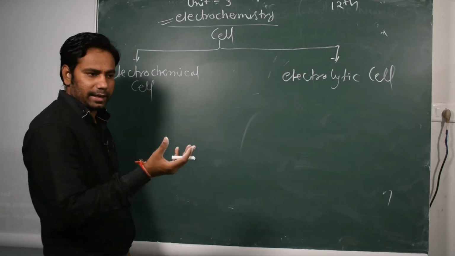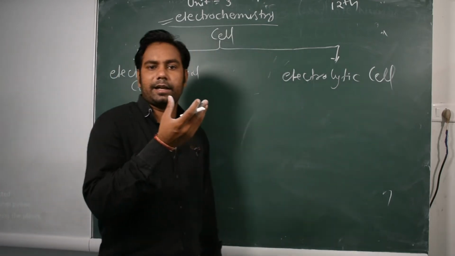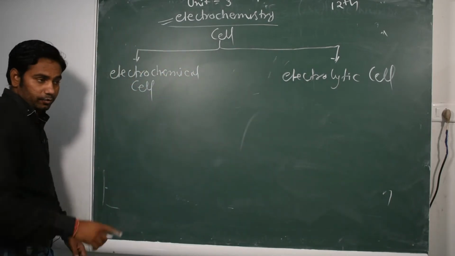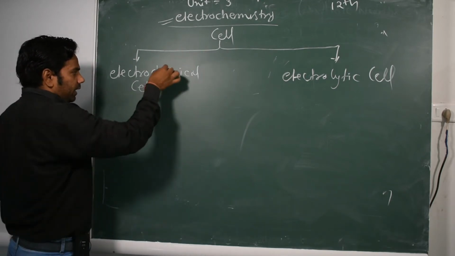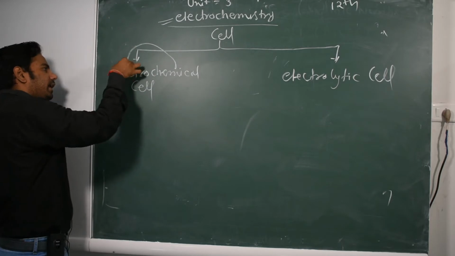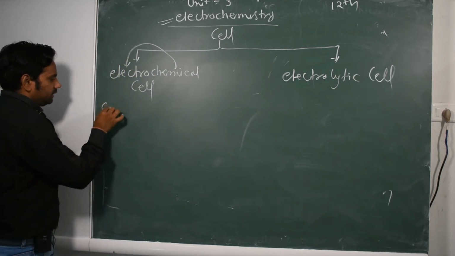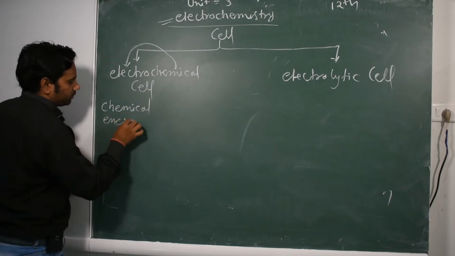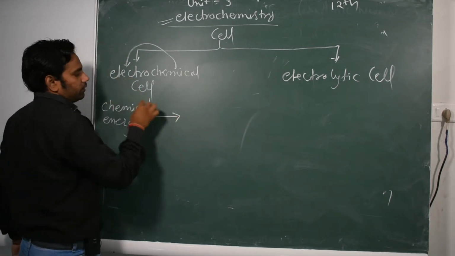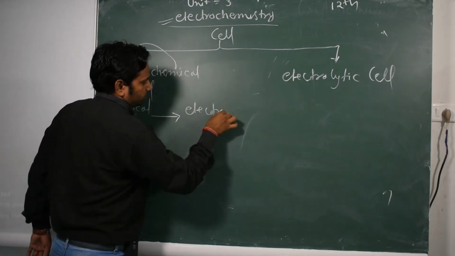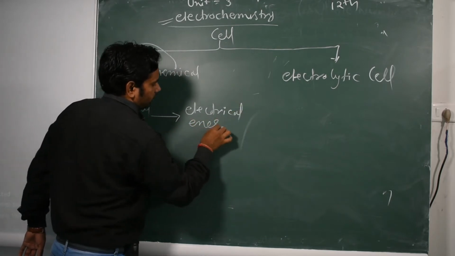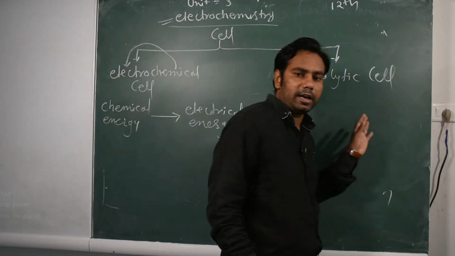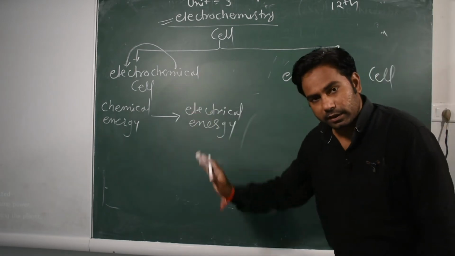What is an electrochemical cell? A cell in which chemical energy is converted into electrical energy is called an electrochemical cell. The electrolytic cell is the opposite of the electrochemical cell.